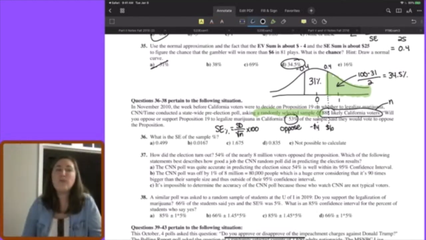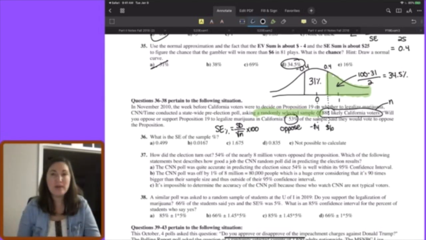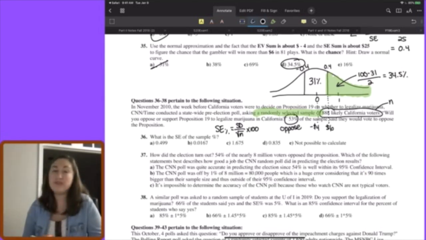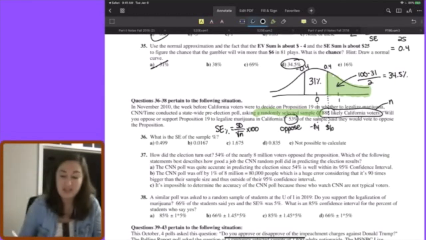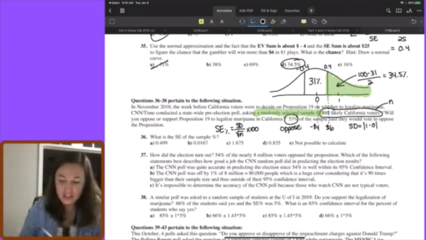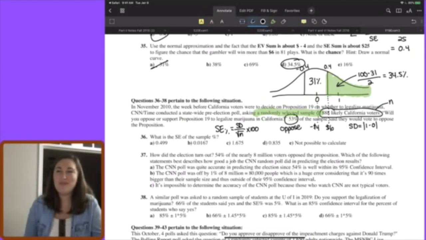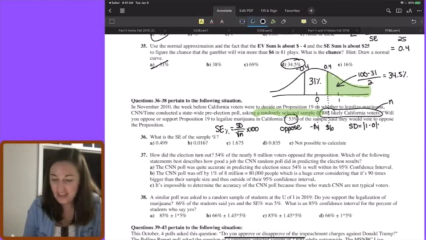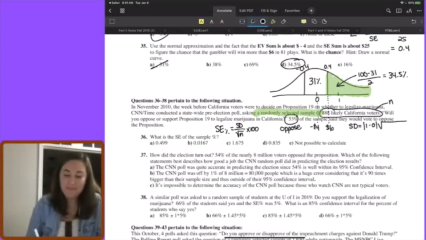So here we need to calculate the SD, and we can actually go ahead and do that because we're dealing with percents. Anytime we have percents, we can calculate the SD. In this case, we're asking a yes or no question, so it's going to be the absolute value of 1 minus 0, and then the square root of the percent of ones times the percent of zeros.